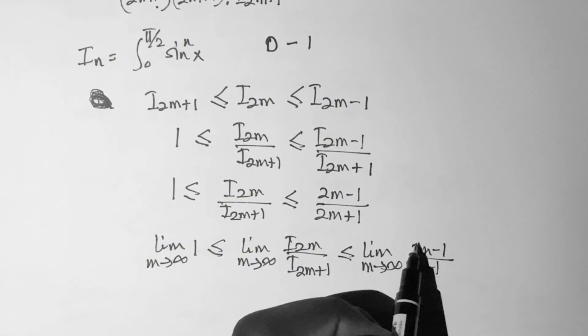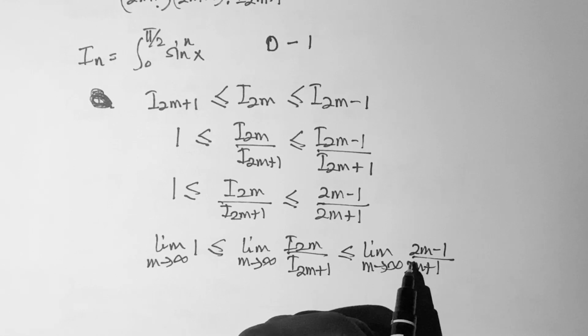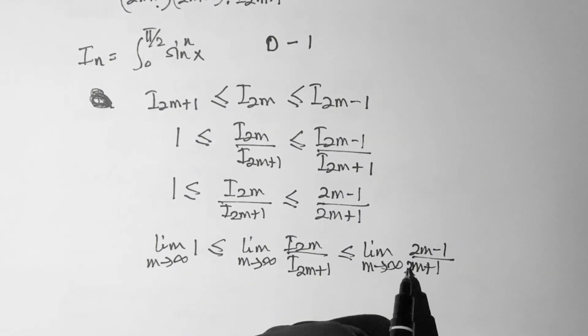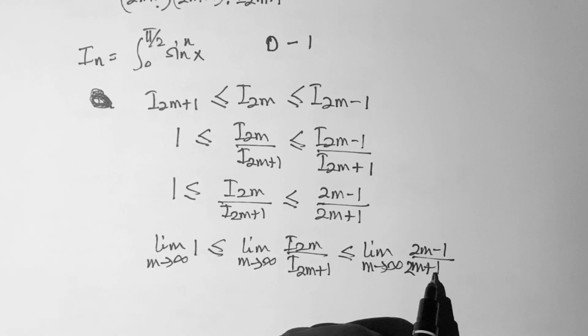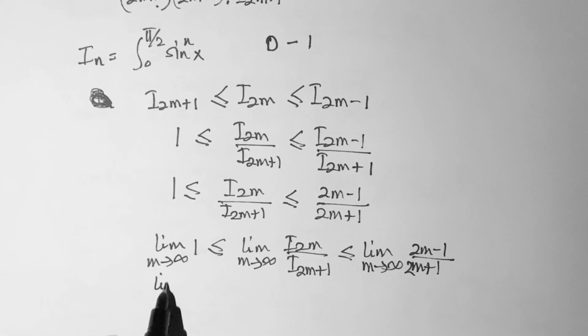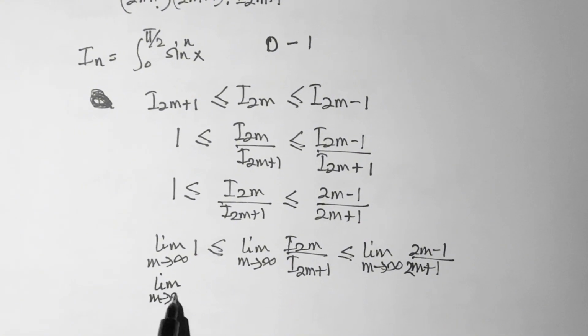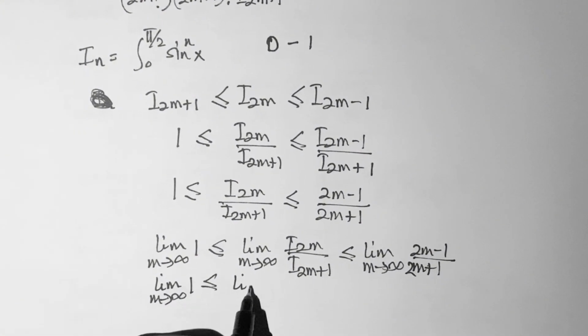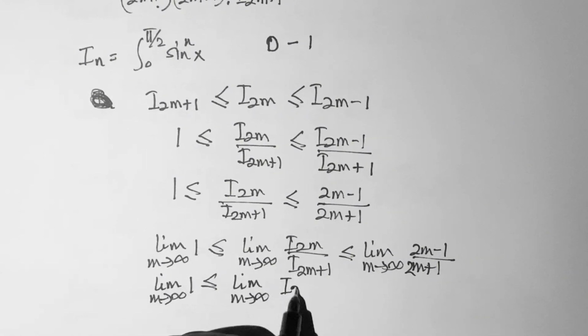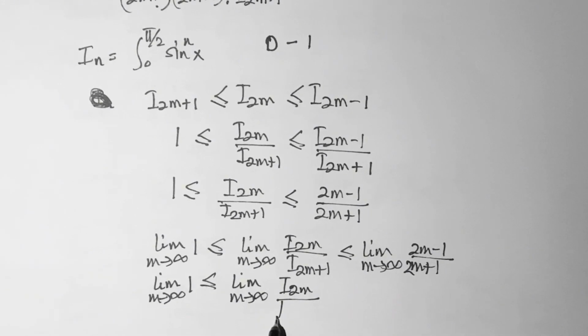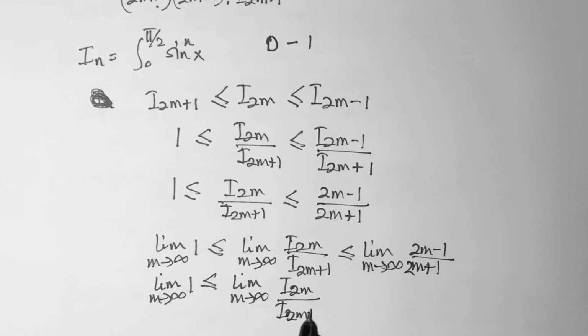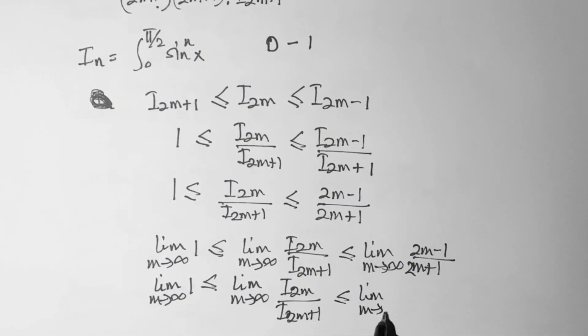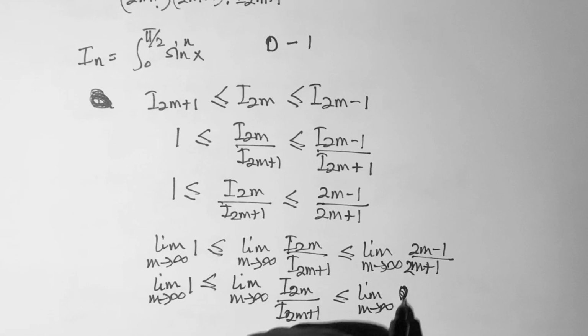If you differentiate 2m minus 1, you are going to get 1. Then if you differentiate 2m plus 1, you are going to get 1. So this becomes limit as m approaches infinity of 1 less than or equal to limit as m approaches infinity of I of 2m divided by I of 2m plus 1 less than or equal to limit as m approaches infinity of 1.